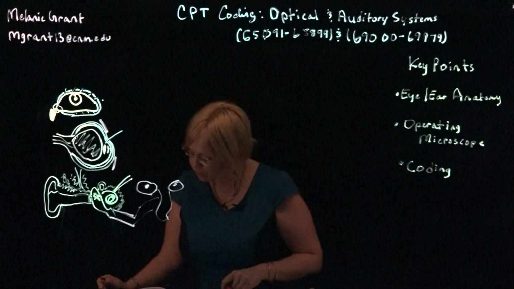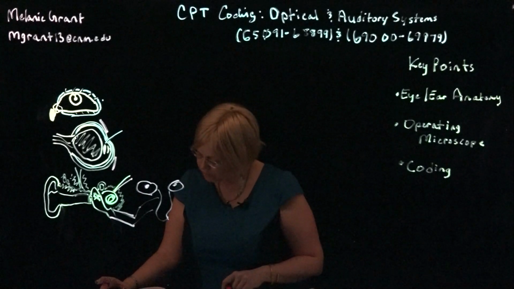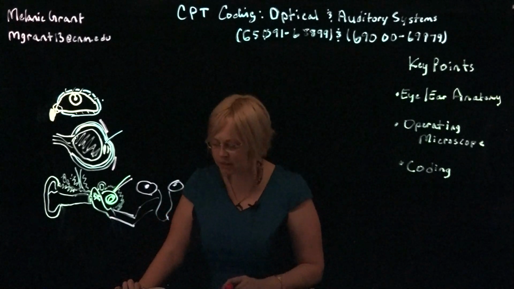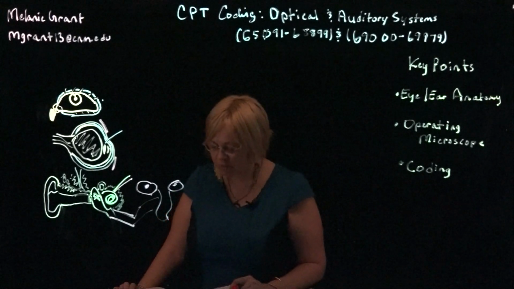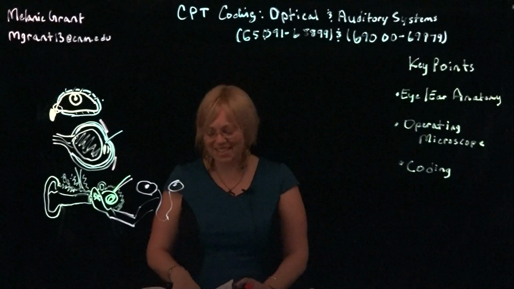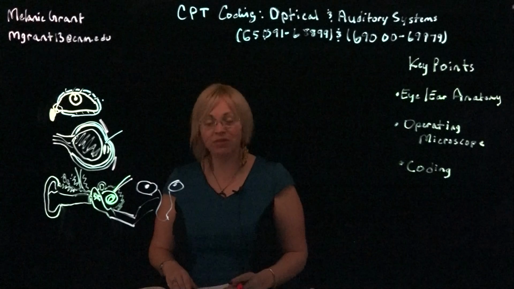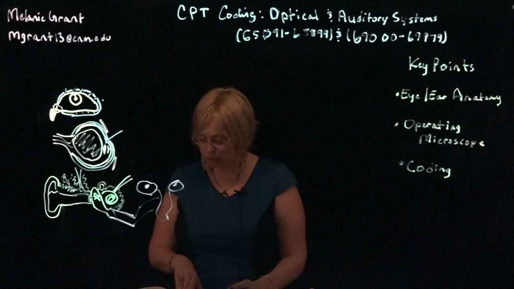So surgeries for glaucoma, you have vitrectomies, and you want to remember the term for ectomy means to cut. Foreign objects that are in the eyes, so as certain things fly into the eye, if it needs to be surgically removed.